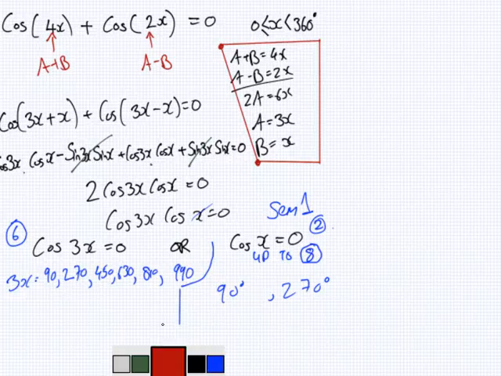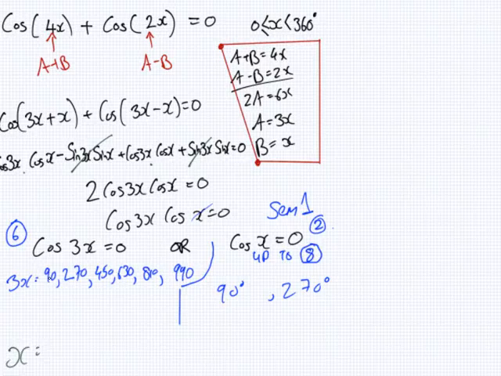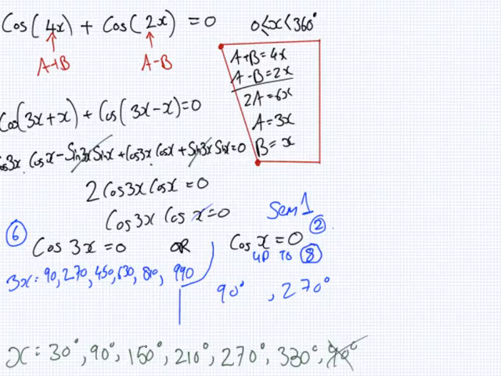So just divide by 3, I get x equals 30, 90, 150, 210, 3 into that goes 270, 330, 90, which I don't include because I have it already, and 270, which I don't include because I have it already.